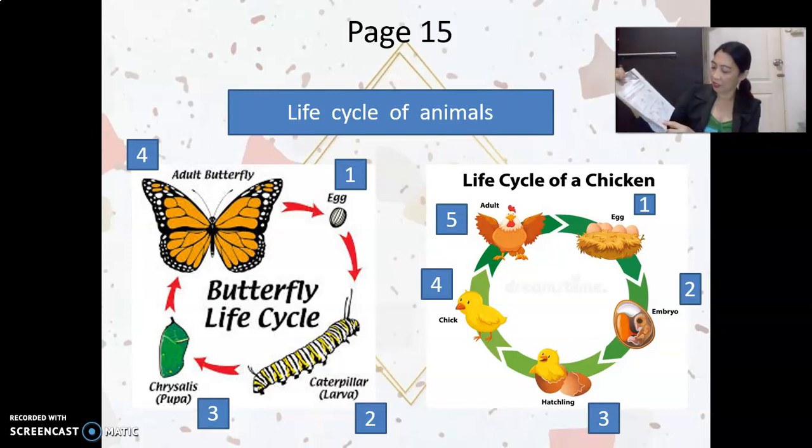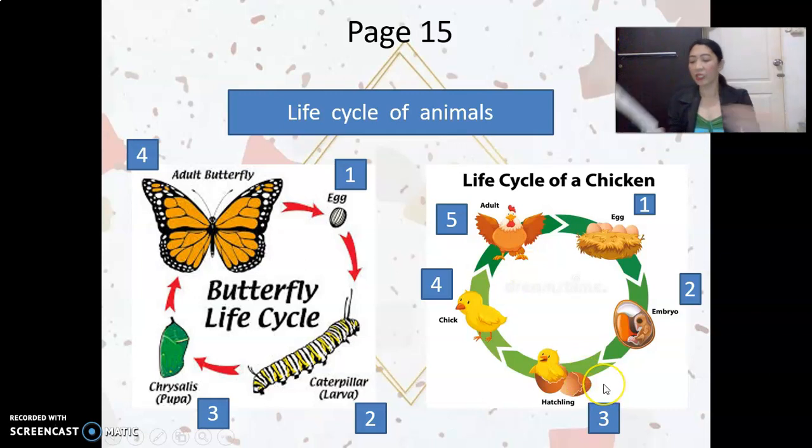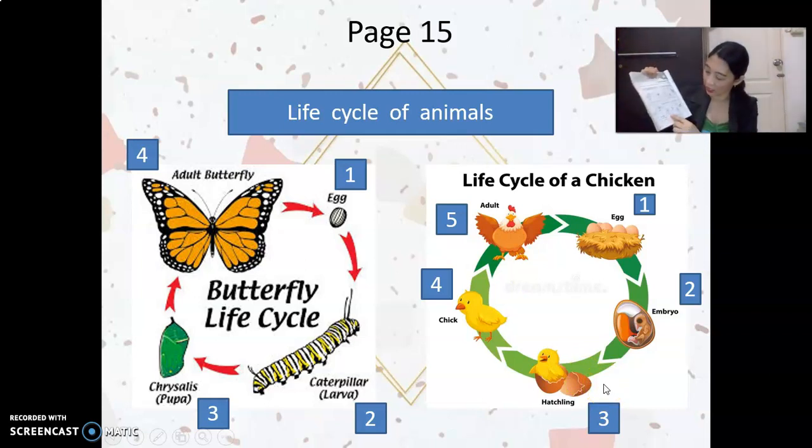Life cycle of a frog is number 1, egg, tadpole with hind legs, and adult frog.